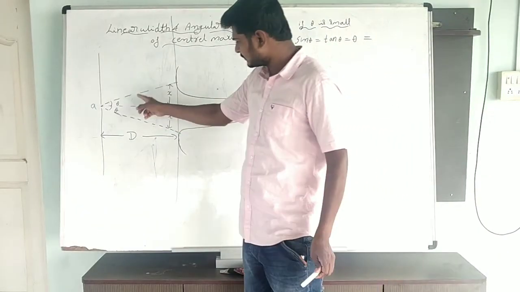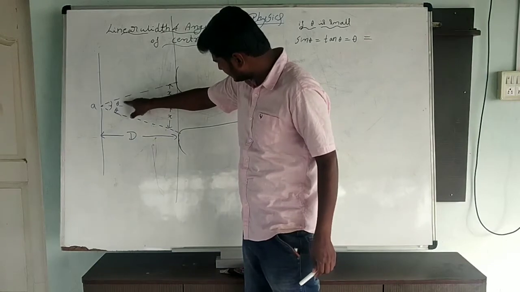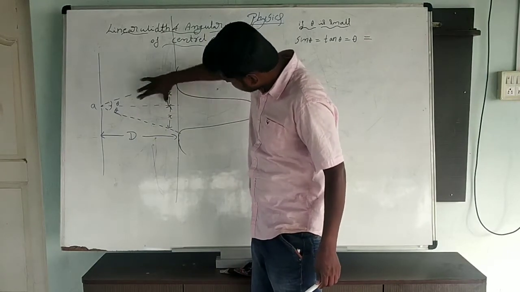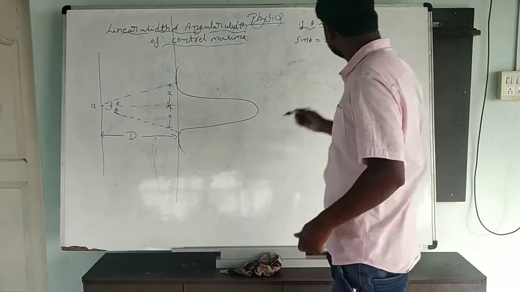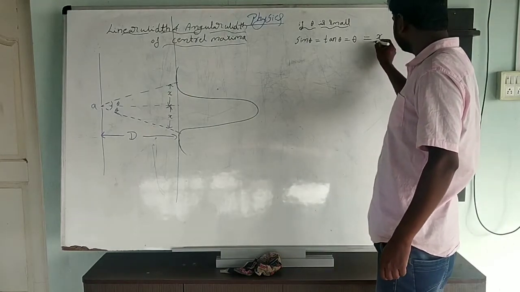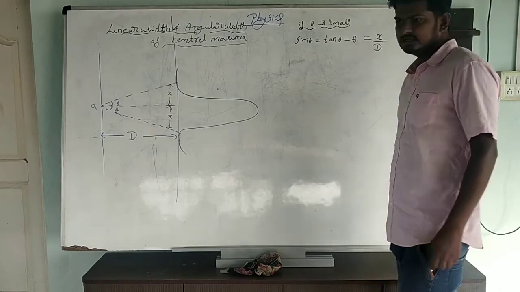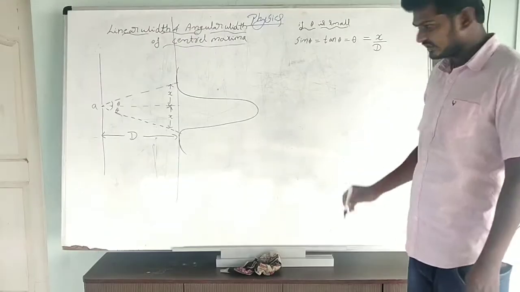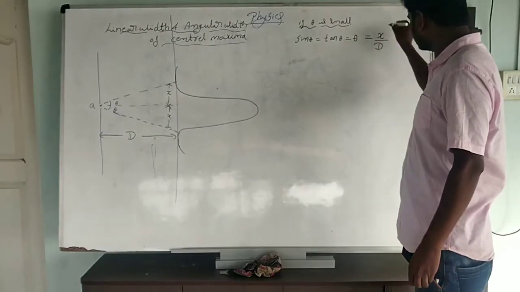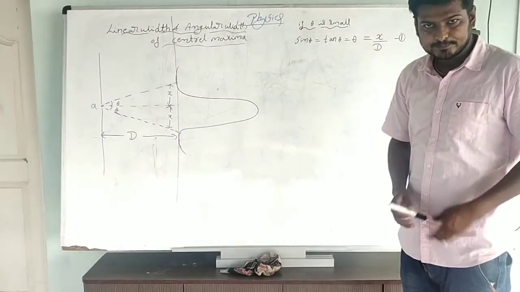Tan theta is opposite by adjacent. In this figure, opposite is x and adjacent is D. So sin theta equals tan theta equals theta equals x by D. This is equation 1.